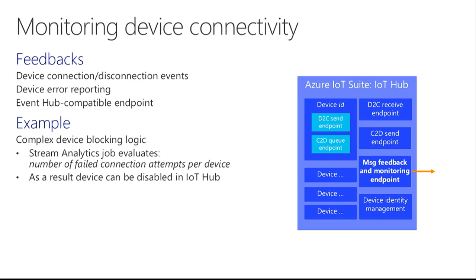This alarm could go inside IoT Hub and disable the device, or let somebody know that device might have a wrong key, maybe a key rolling that was not executed properly, or there's a malicious attack happening. This kind of complex logic can happen on any device error and any connection and disconnection events, because we're going to let that information be available to you.